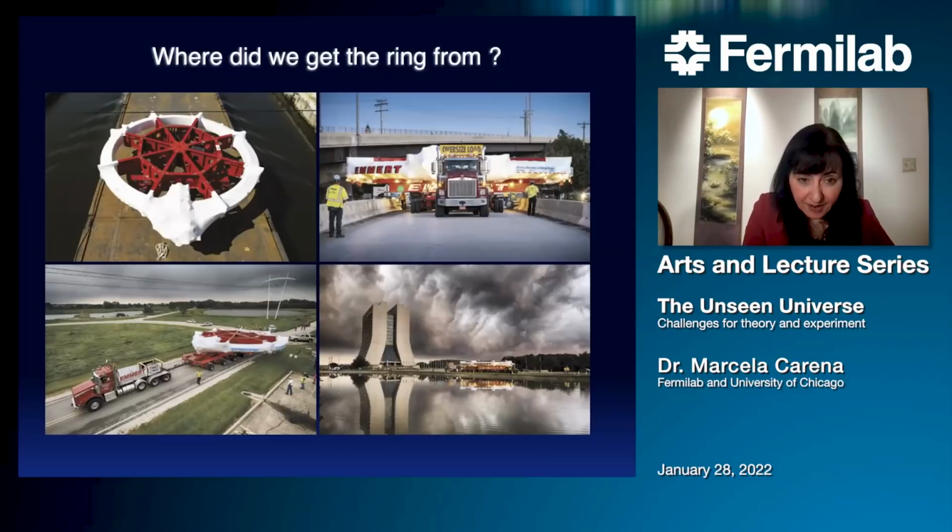The 50-ton apparatus that you see here was shipped from Long Island to Chicago through an ocean and rivers and highways, and was really a tour de force, and it arrived at Fermilab on a quite stormy day.